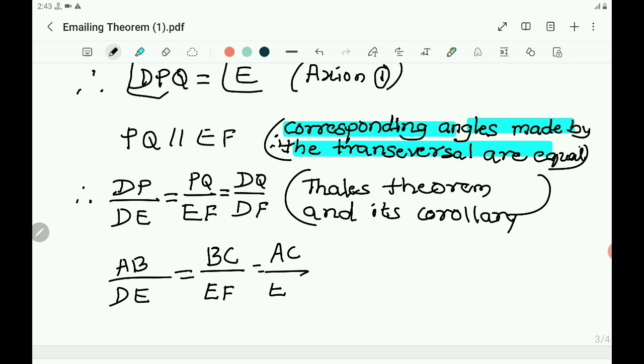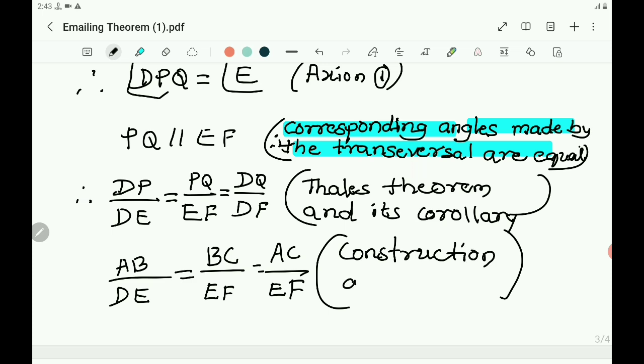AC by DF. For this, what is the reason? For this step, we have to write construction and proof. That is, DP, PQ, DQ are replaced by AB, BC and AC according to the construction and proof.